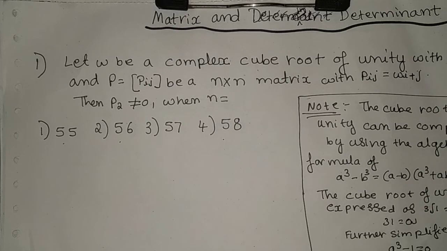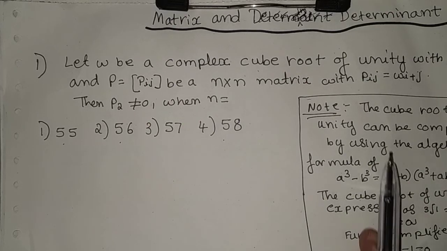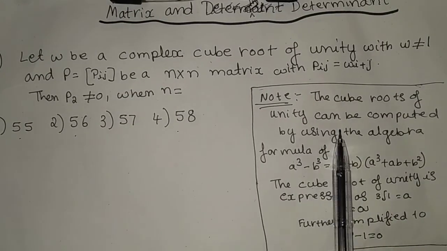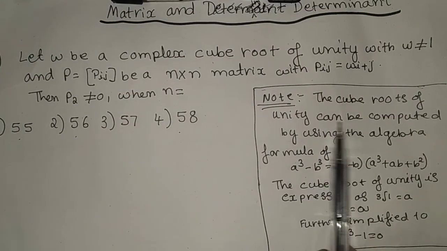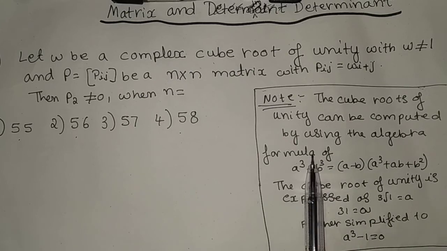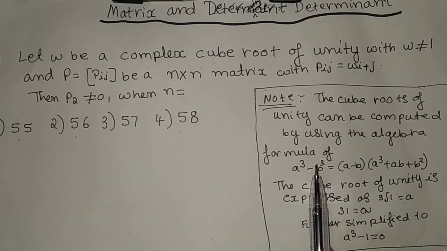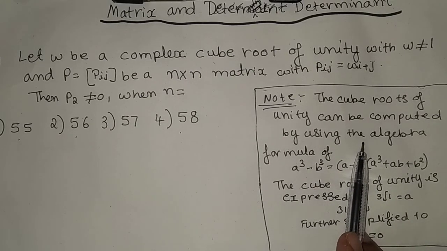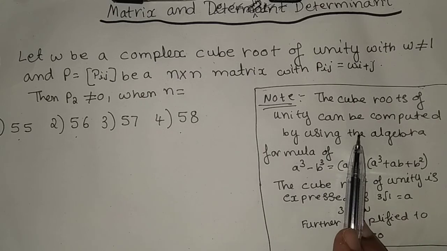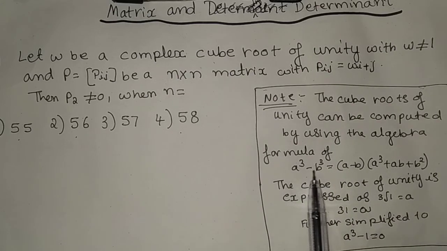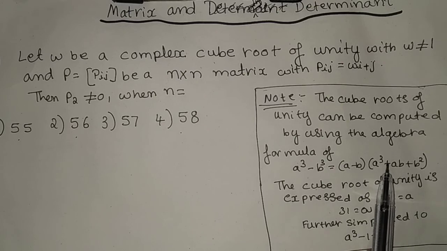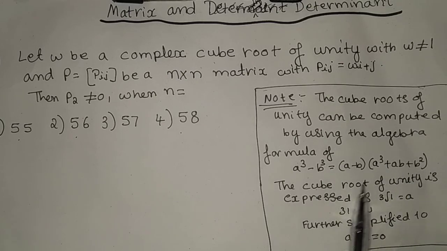The first step is the definition. The cube root of unity can be computed by using the algebraic formula a cube minus b cube is equal to (a minus b)(a square plus ab plus b square).